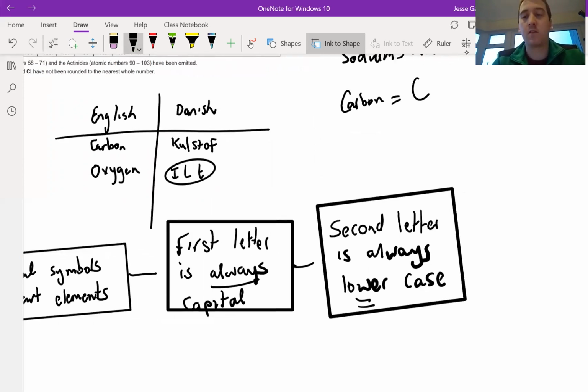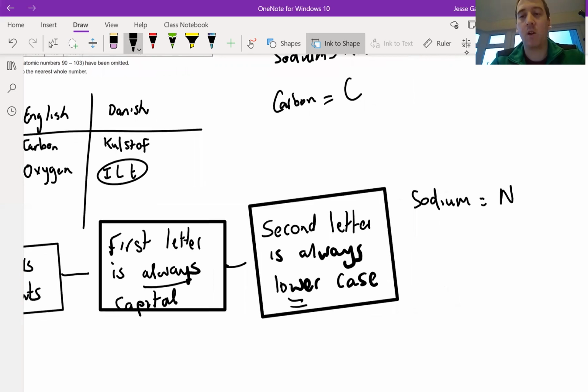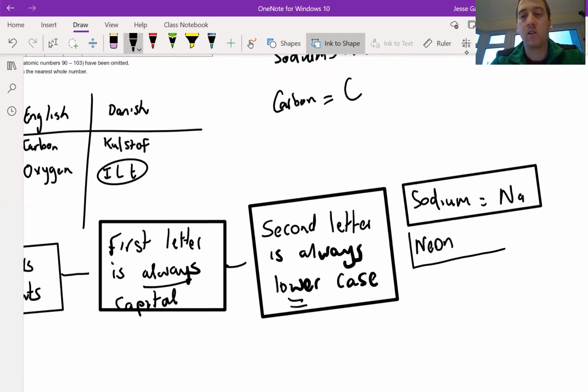Examples of some symbols are like this. We have sodium, which has the symbol capital N, small a. So capital N because it's the first letter, small or lowercase a because it's the second letter. Neon: capital N because it's the first letter, small e because it's the second letter.